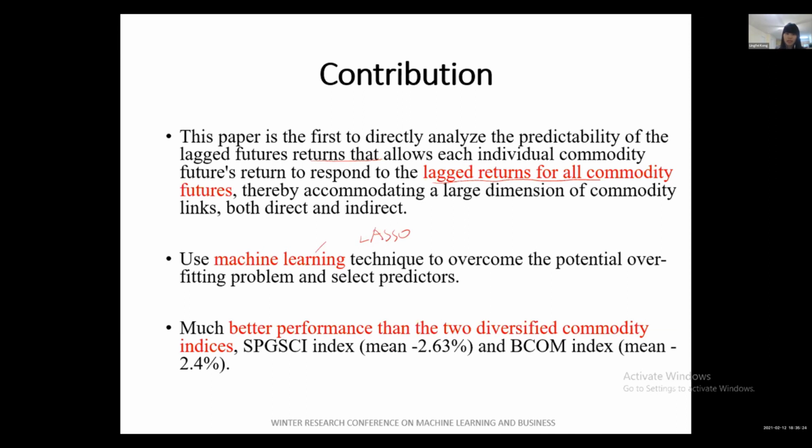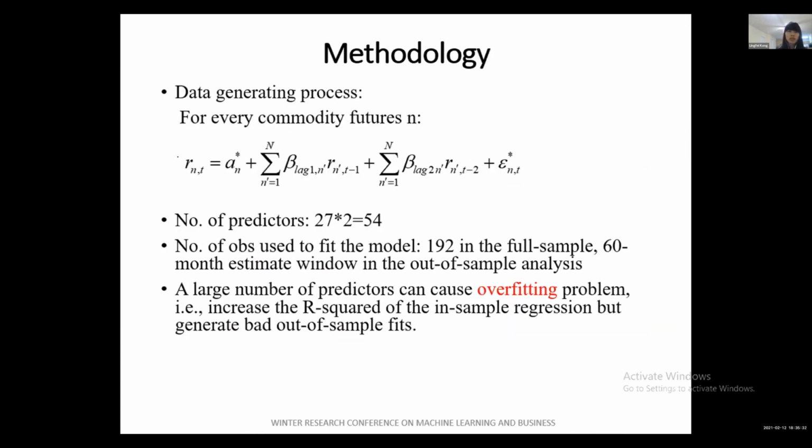Both of them have an annualized excess return that is negative. So we assume each futures return is affected by the first and the second lags, where the lagged returns include its own lag as well as other futures' lags. In the robustness check, we also include the third lag, and our results are robust to the number of lags.